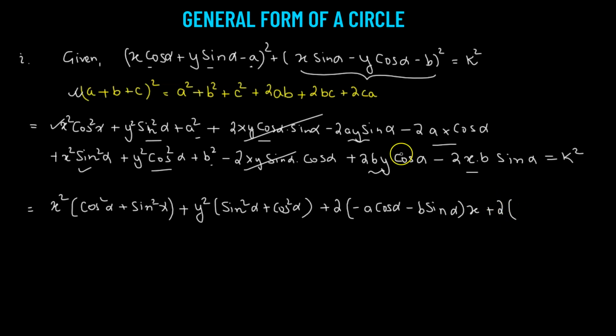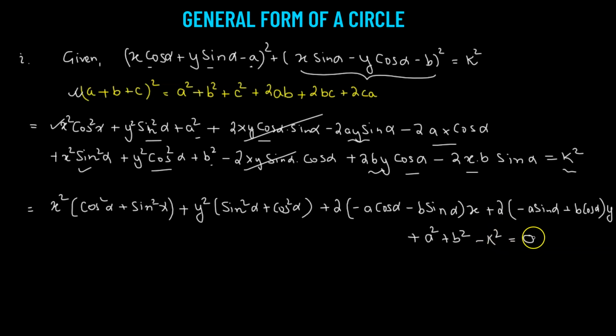So we have 2 times negative a sine alpha plus b cosine alpha, multiplied by y. Now we write the constant term, which will be plus a squared plus b squared, and we transpose k squared from the right hand side to the left hand side.